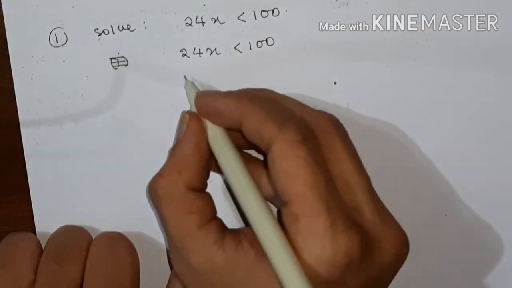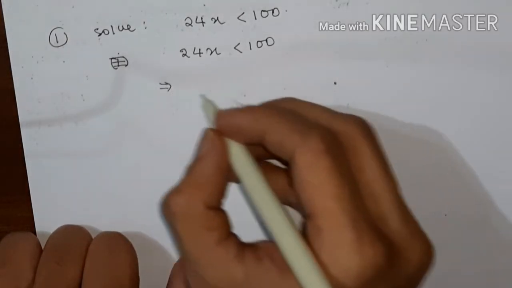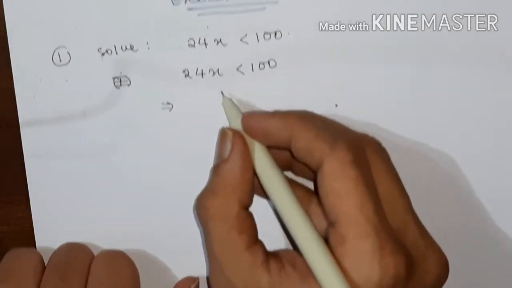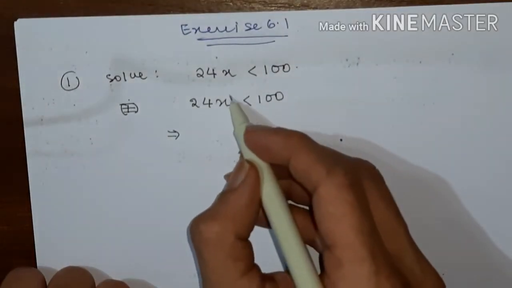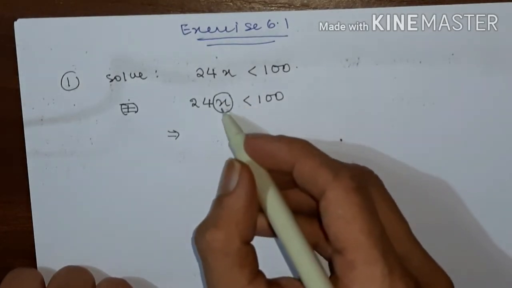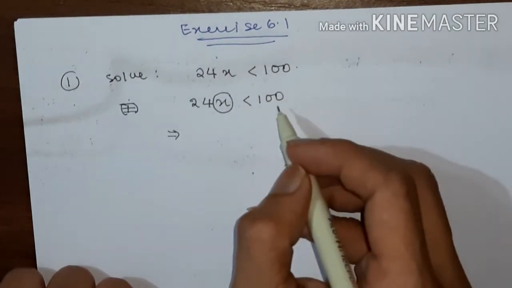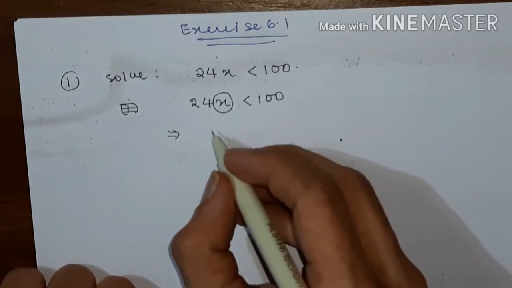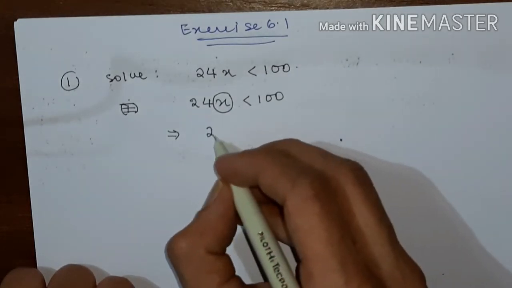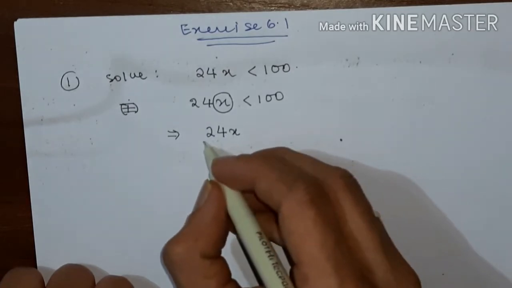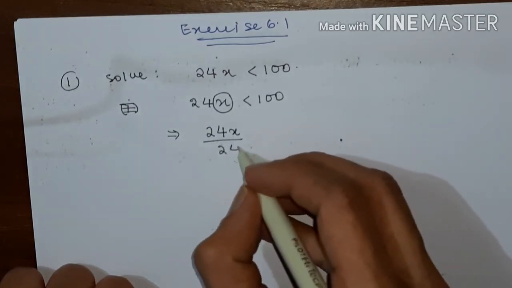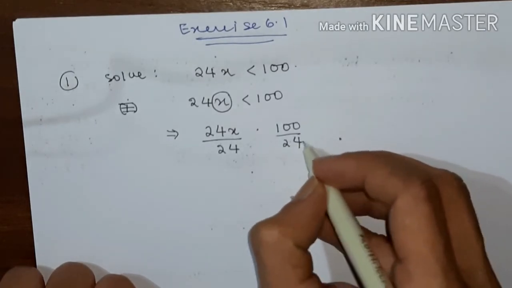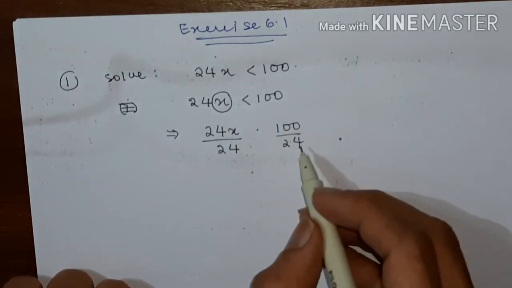Since 24x is less than 100, you have to solve the inequality, which means you keep x on one side and bring everything else to the other side. So you will divide by 24: 24x divided by 24, and 100 divided by 24, on both sides.